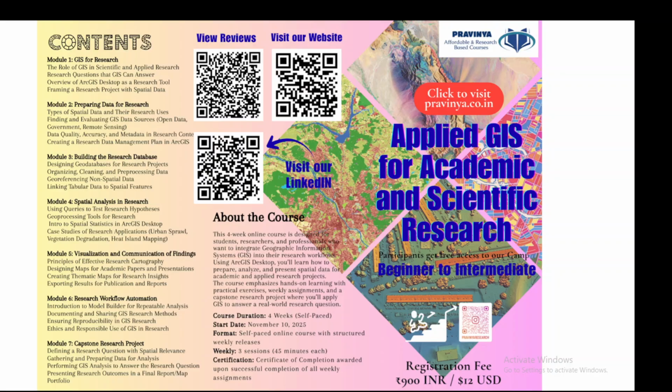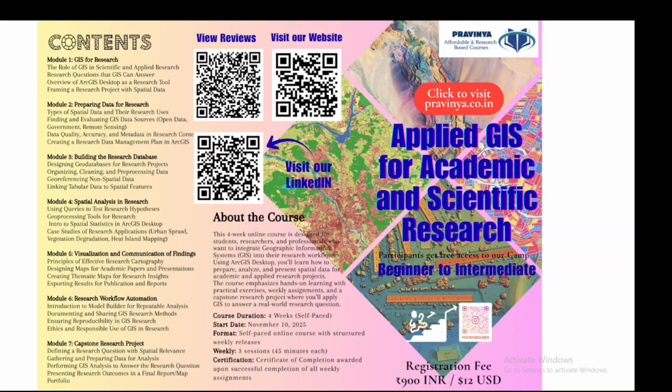This is an intermediate level course, which means that those of us who have not dealt with beginners' understanding of GIS are given access to our 1 month long GIS camp.